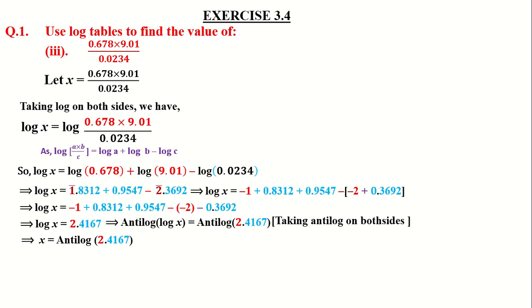Now, as this is characteristic in finding log of a number, so in antilog the value before decimal point is the same characteristic, and mantissa is considered in antilog table as, now consider, we will look in the 0.41 value in the column of 6 and afterwards in the difference column of 7 as here.